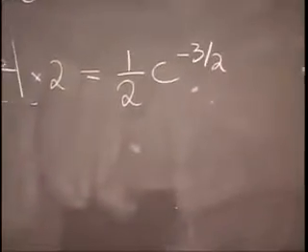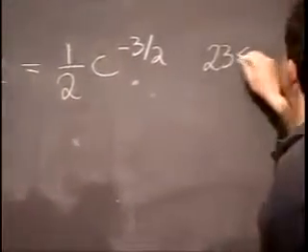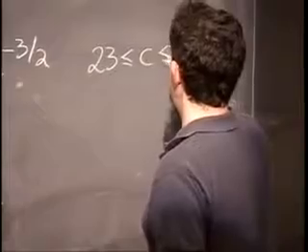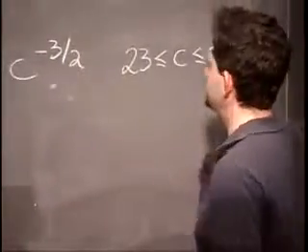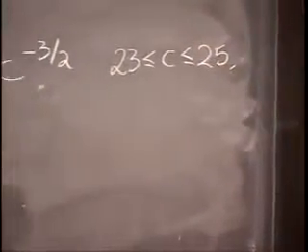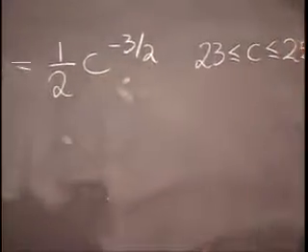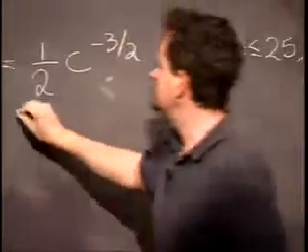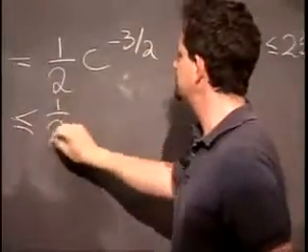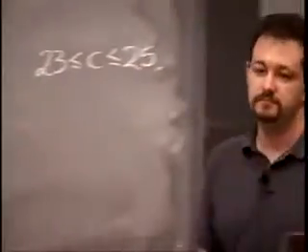And all we know about c is that it's between 23 and 25. Okay, I need to get rid of c. I need to work out how big this could possibly be. Well, 25 to the minus 3 halves or 23 to the minus 3 halves.